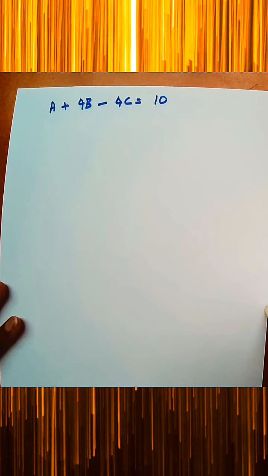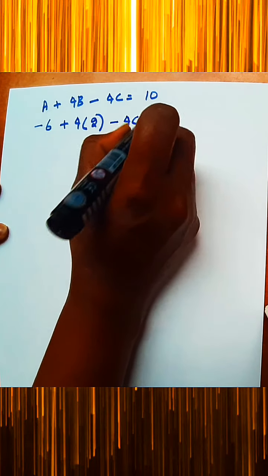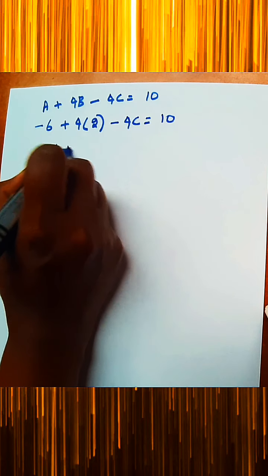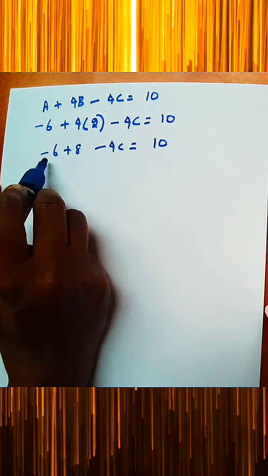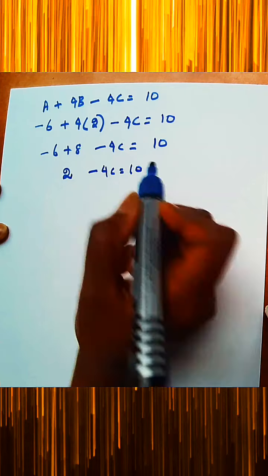To find the value of c. What is a? We got minus 6, plus 4 into what is b? We got 2, minus 4c. We do not know c. 4 into c is 4c. So minus 6 plus 4 2s are 8, minus 4c is equal to 10. So minus 6 plus 8 will give you 2, minus 4c is equal to 10.